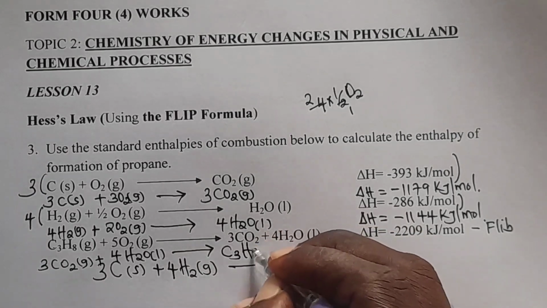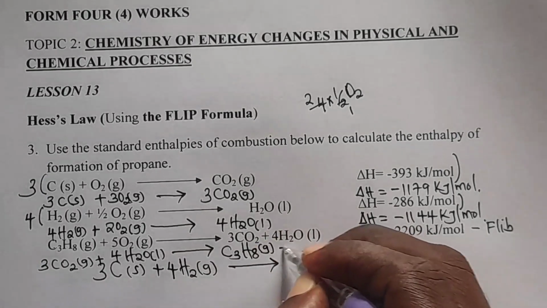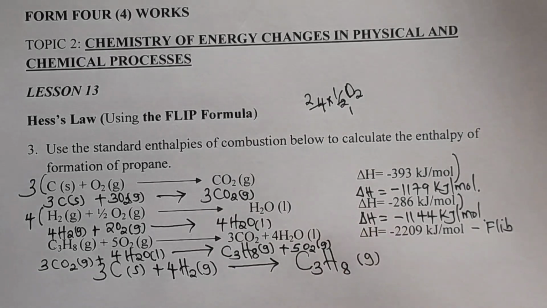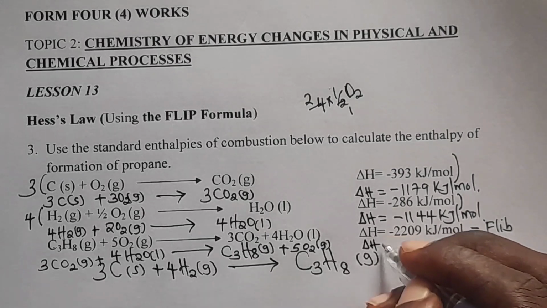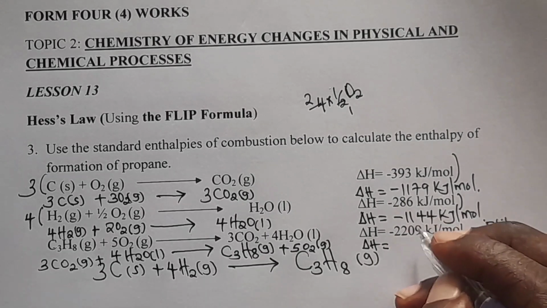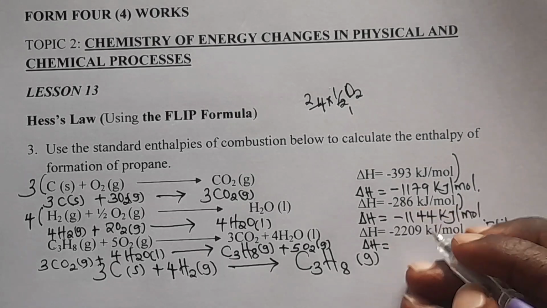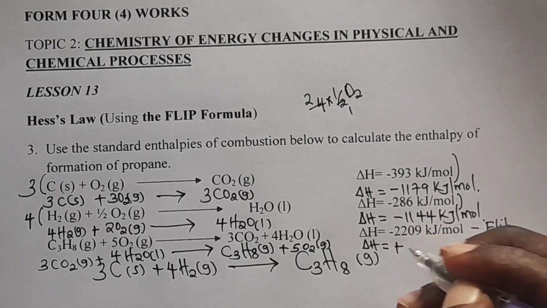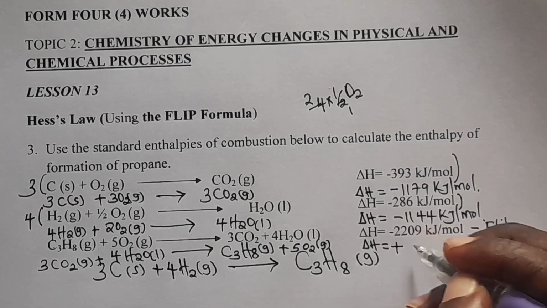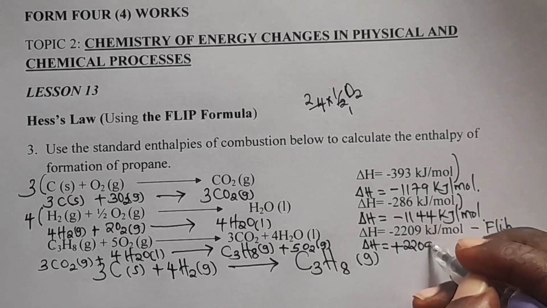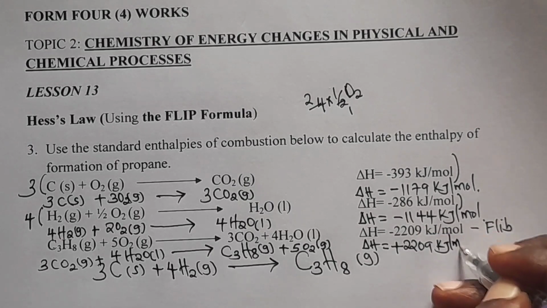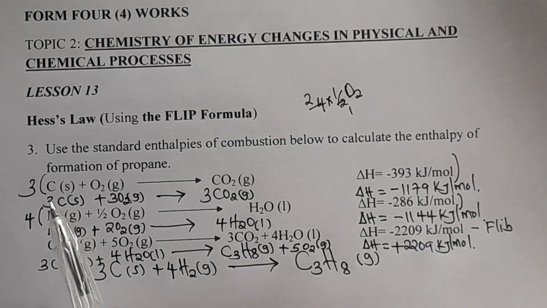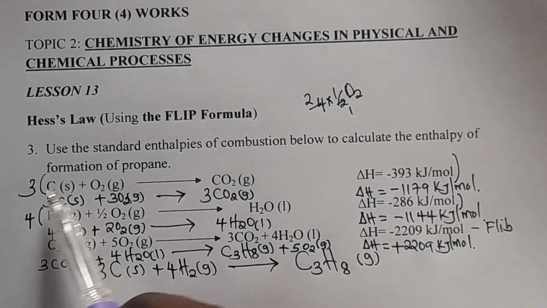So we have propane, which is a gas, plus 5 moles of oxygen gas. The heat change for the combustion of propane will also be reversed. If it is negative, we make it positive, so positive 2209 kilojoules.